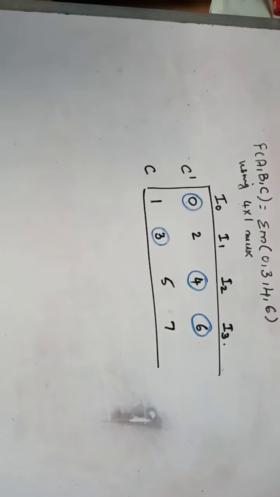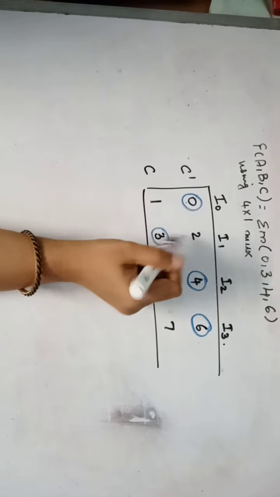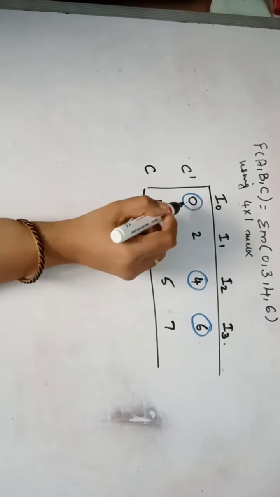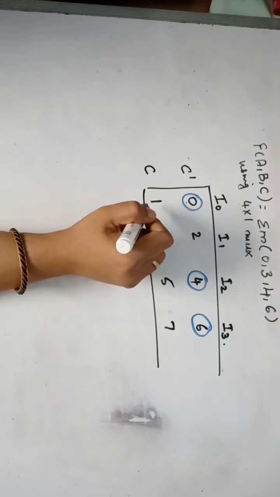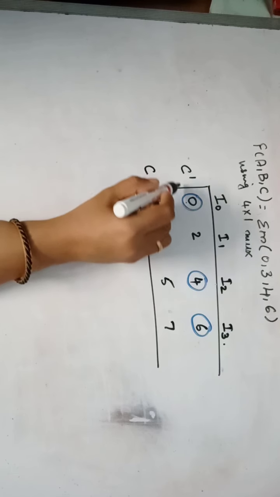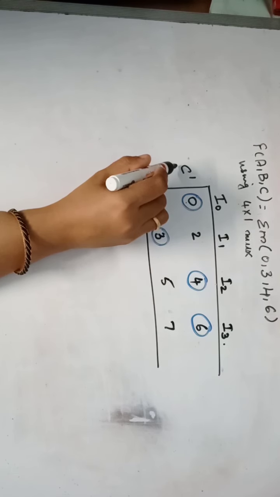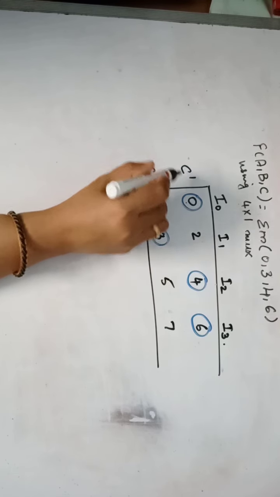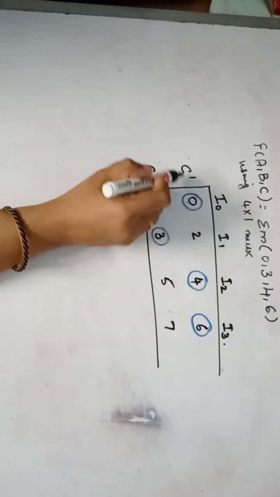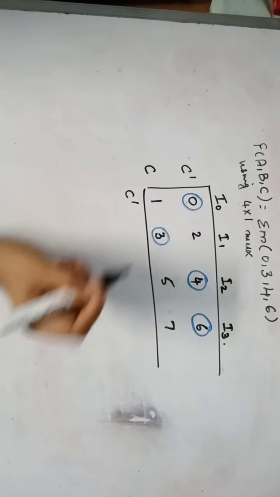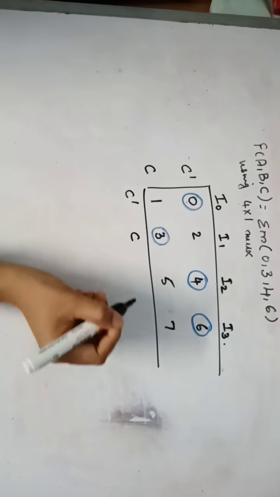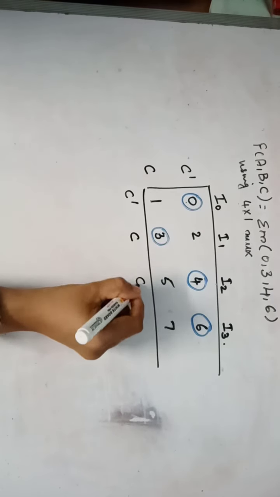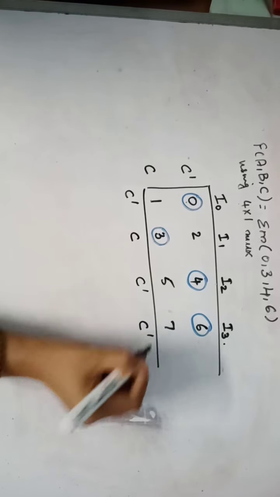After circling, I'll compare the numbers vertically. If there is only one circle in a vertical column, whatever value corresponds to that circle, I'll write that. So here it is C bar. Here 3 is circled, which corresponds to C. Here it is C bar and here it is C bar.